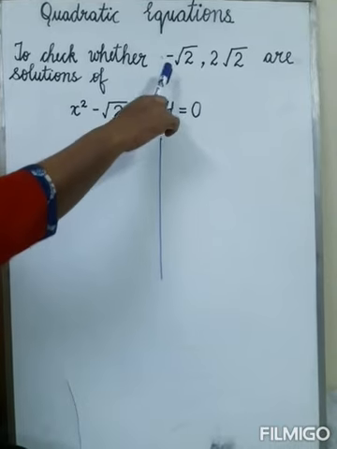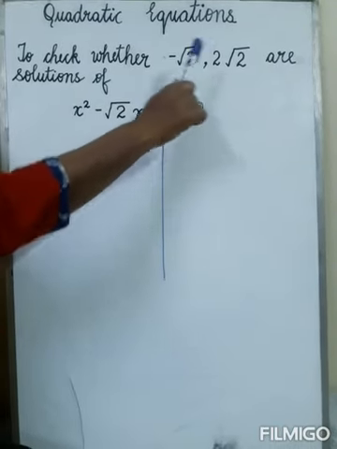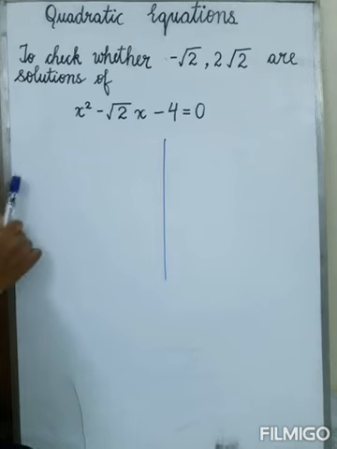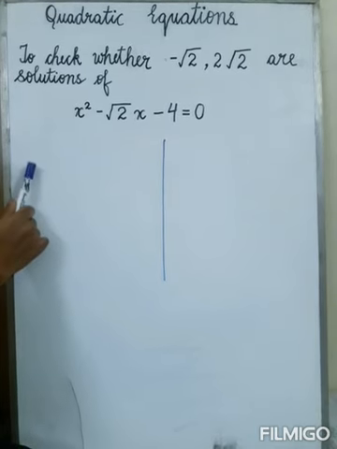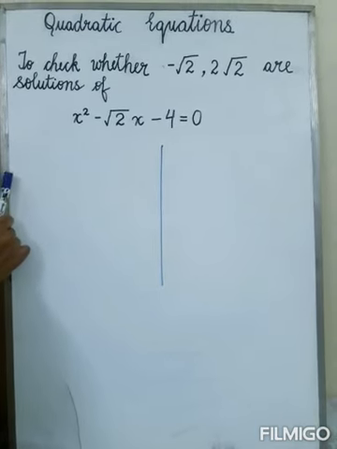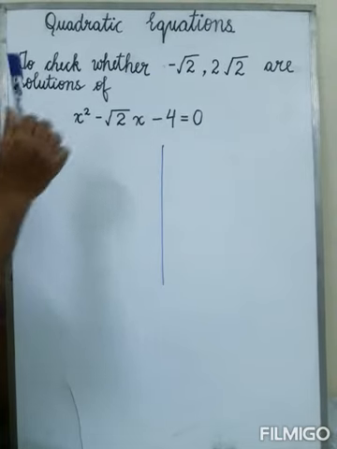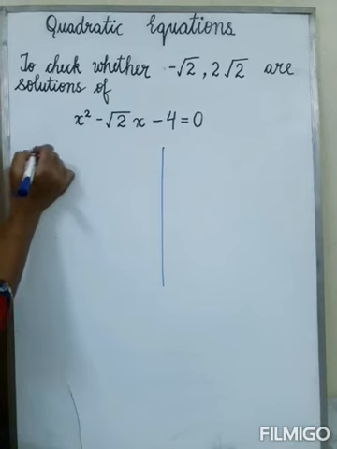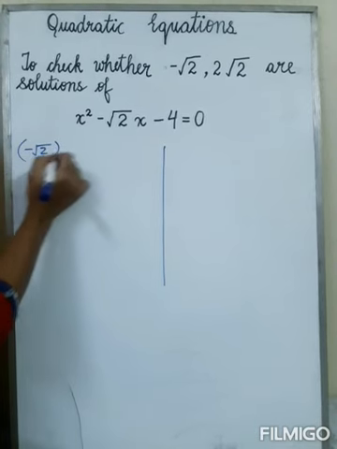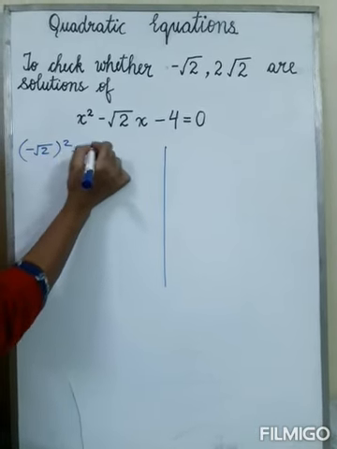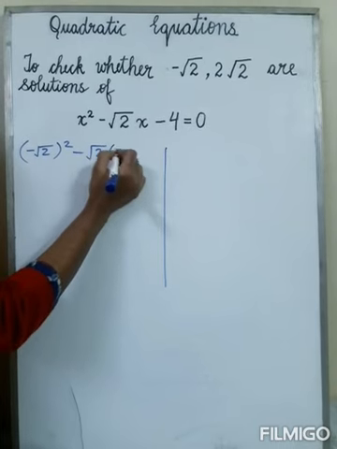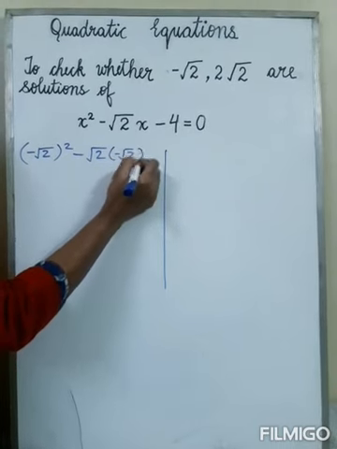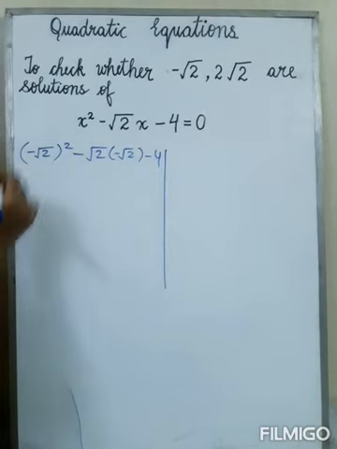Now to check whether this is the given solution or not, I need to substitute this in the equation, and if I get it equal to 0, then the given solution is your root. Now here I am substituting minus root 2 in place of x. Here we have, in place of x, again minus root 2, and here I have minus 4.